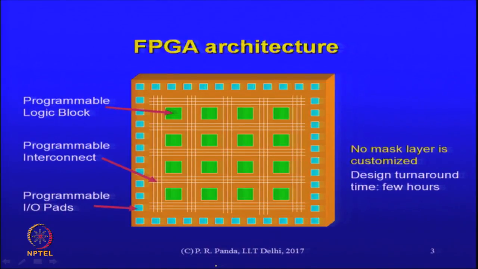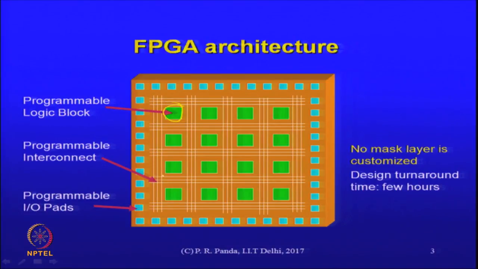Some very basic ideas about the internal architecture of an FPGA. Lots of things are programmable here. That logic block, we will take a little bit deeper look into what it might consist of, but it can be programmed to do different things.